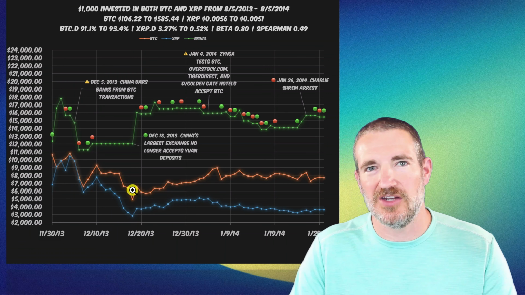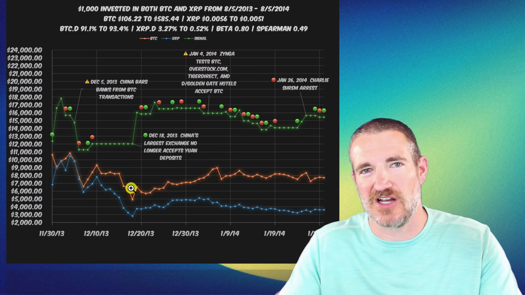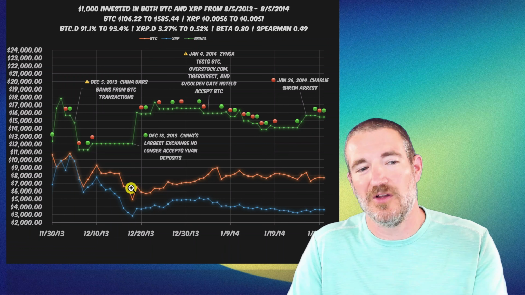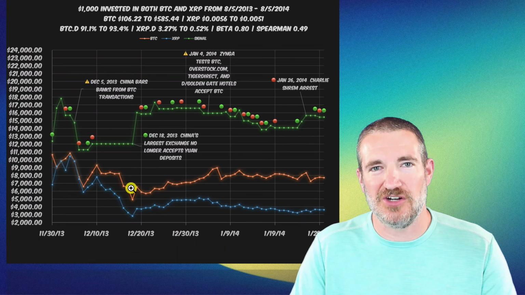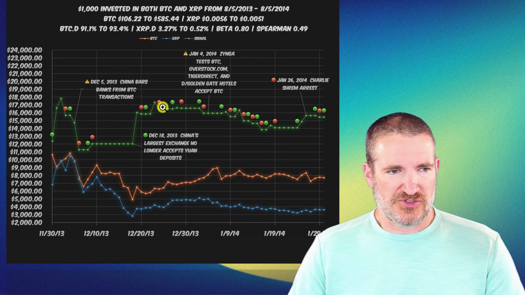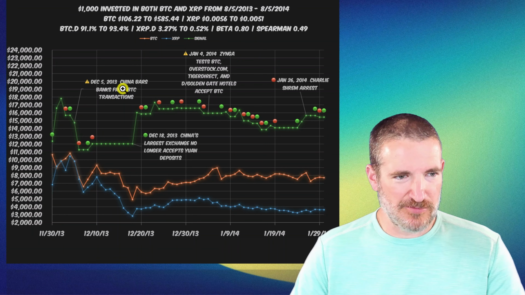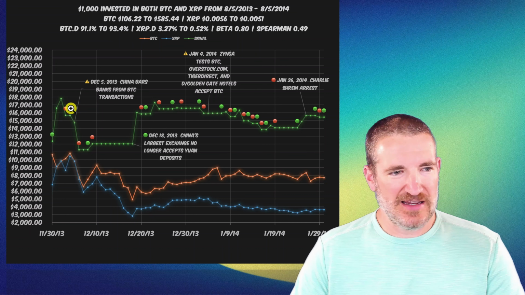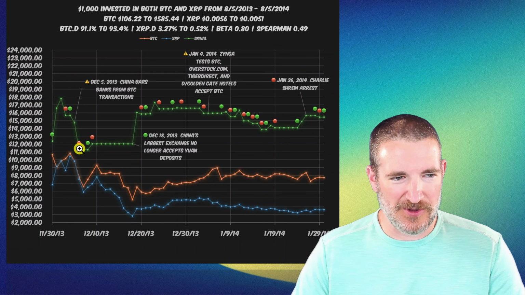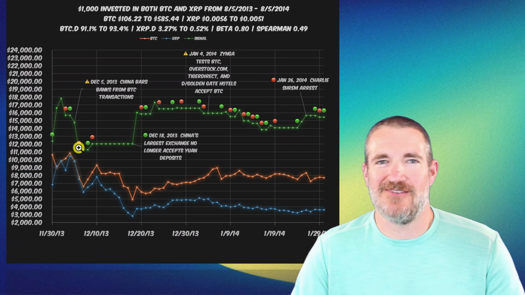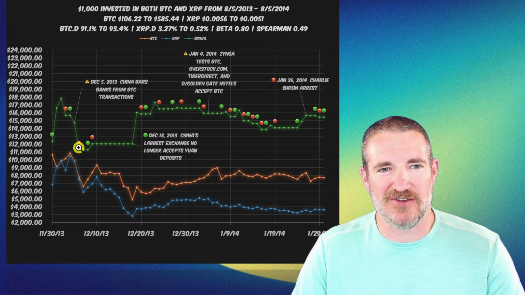And then when the money is starting to show signs of flowing out, it ends up generating sell signals. So the thing is here, like right here, December 5th, China bars banks from Bitcoin transactions. It didn't instantly pick up. Okay. So it's not missing every single bad day, and it's not catching every single good day.